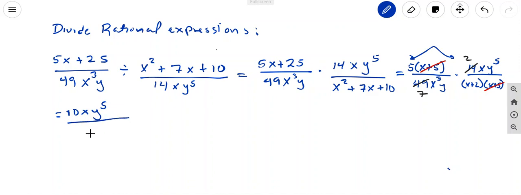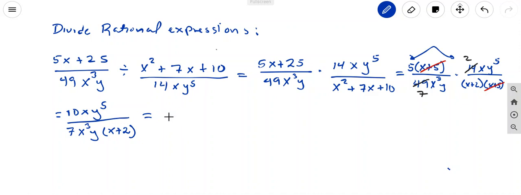And below I have 7, x to the third y, and the binomial factor x plus 2. Of course, I now have to simplify the x's and the y's, using the rules of exponents.